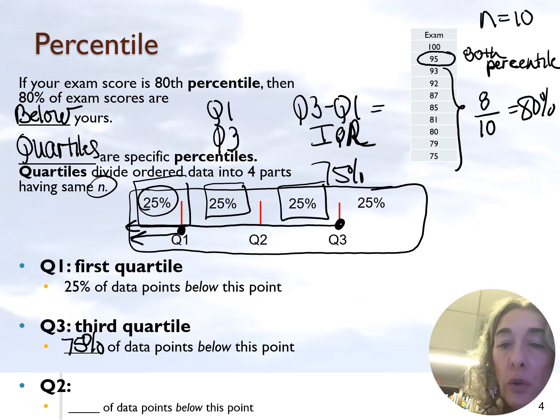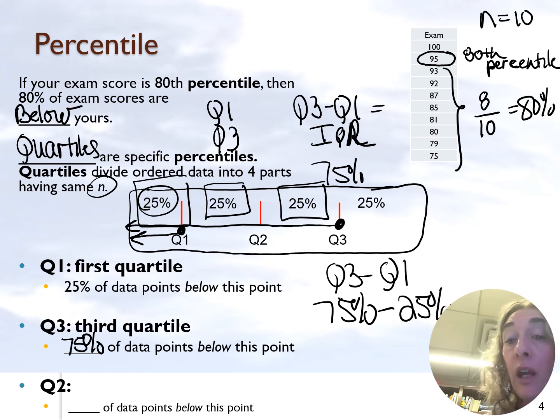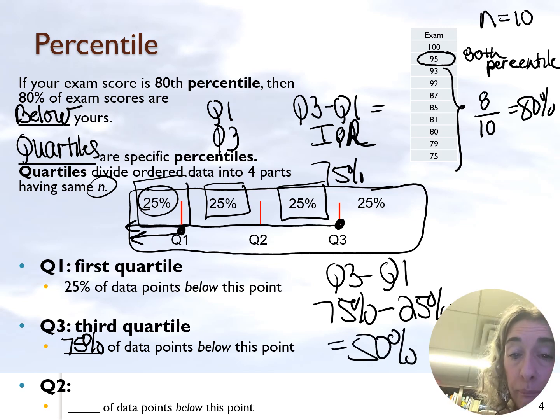So you can see why we call Q3 minus Q1 the spread of the middle 50%, right? Because when you subtract the 25% below Q1 from the 75% below Q3, you get that middle 50%.